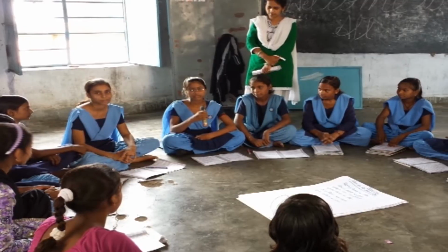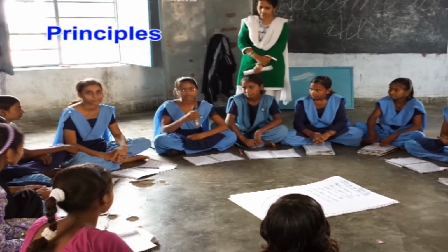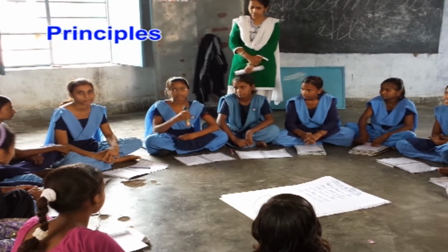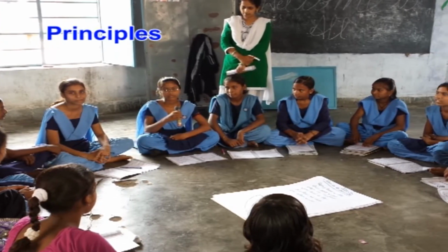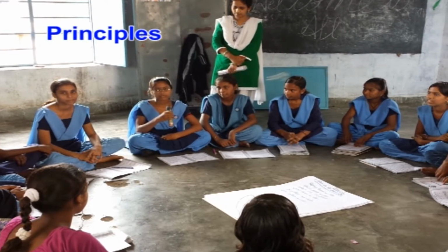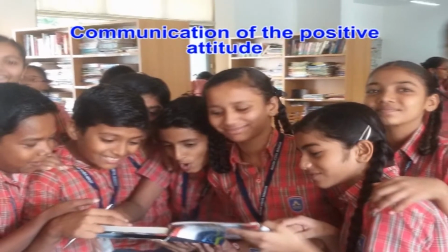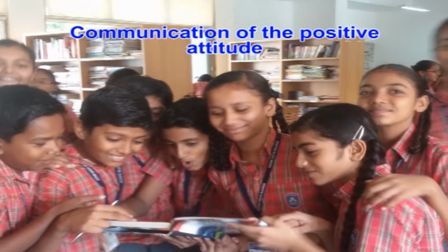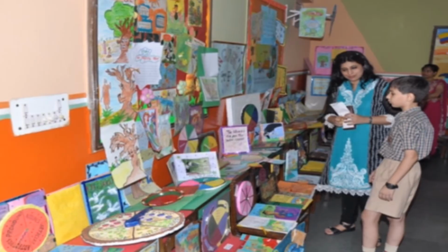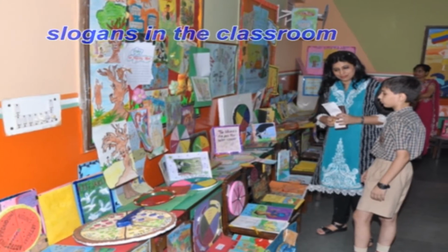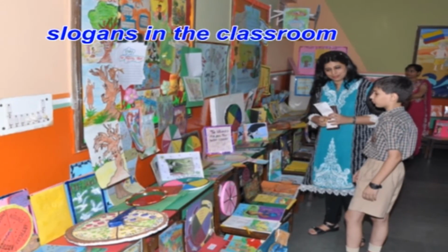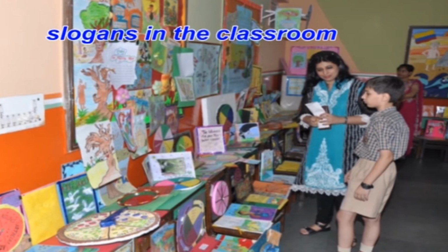Let us now look at some of these principles and identify some icebreaker exercises that the teacher can promote in the classroom. The first principle involved is the communication of a positive attitude towards linguistic diversity. This is carried out by displaying slogans in the classroom which support language learning.